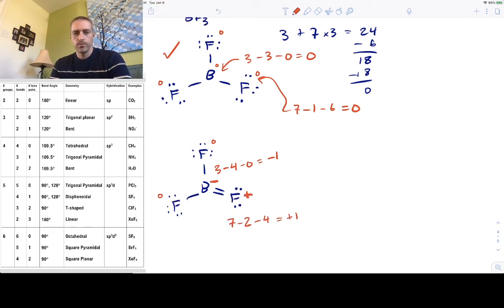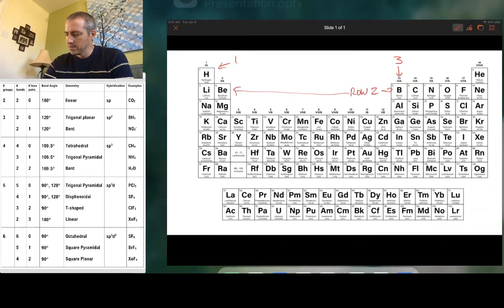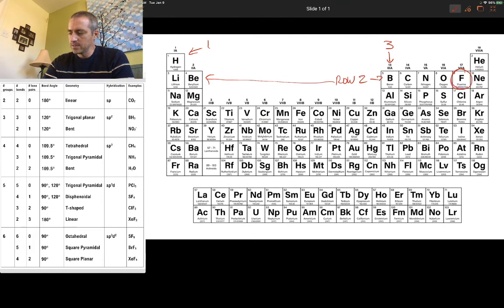So if we make a double bond between the fluorine and the boron, we have to put a positive charge on the fluorine and the boron gets a negative charge. So in terms of formal charges, this is not great. In fact, fluorine is the most electronegative atom on the whole periodic table. That's because, out of the atoms that form bonds, it's at the top right corner of the periodic table.